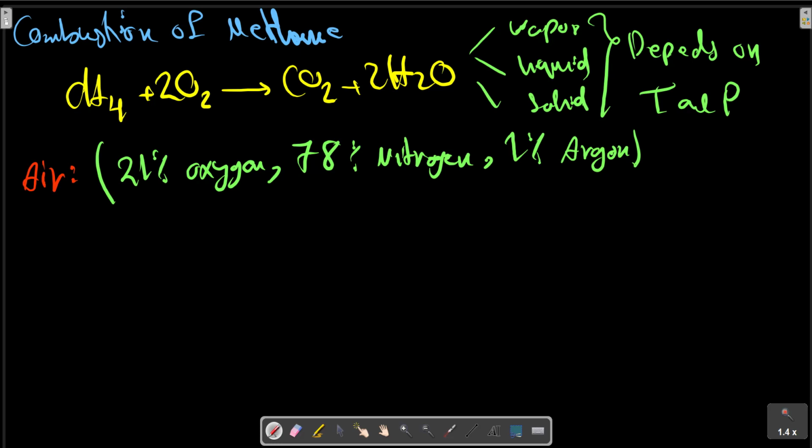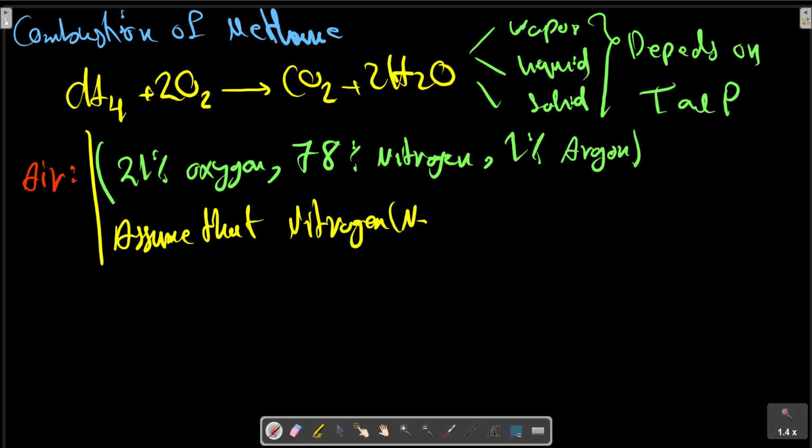We assume that the nitrogen and the argon do not undergo chemical reaction, except for dissociation, which will be considered in Chapter 16.